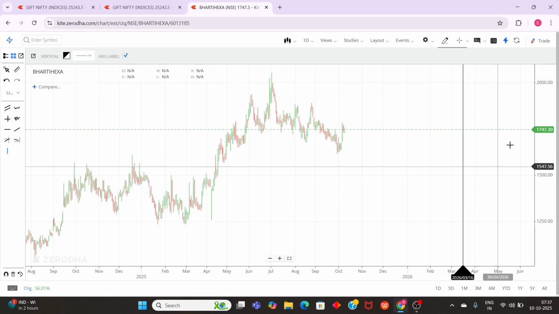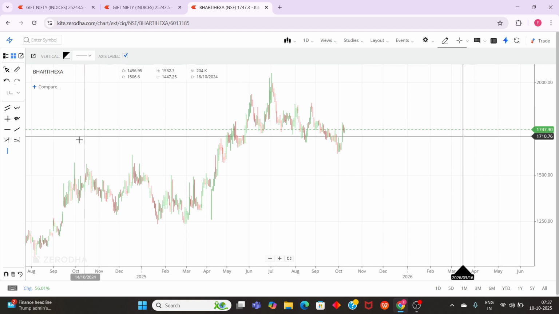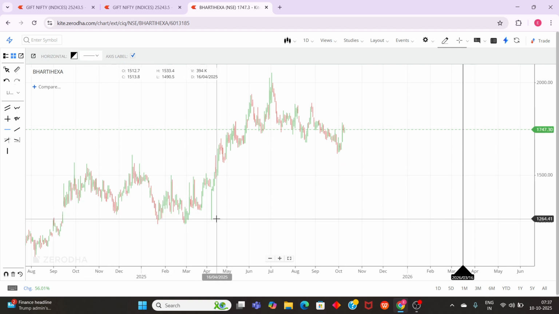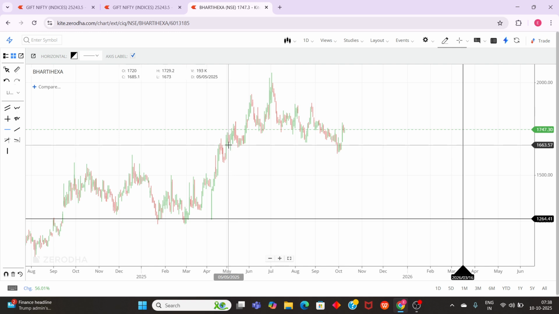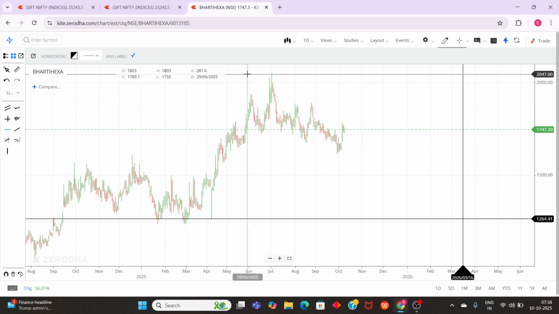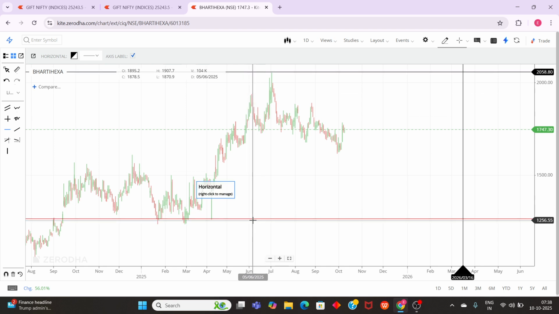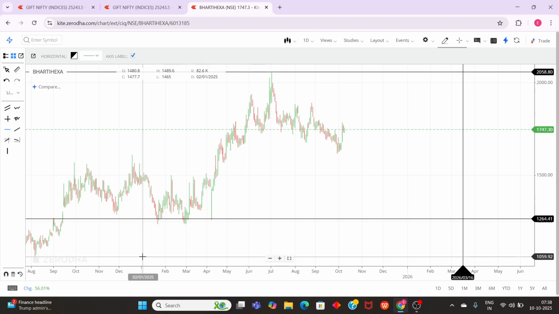Here it has made a low at this point, 1264, and the high it has made is 2058. So 1264 is the low and 2058 is the high. The total is 794 points. Divided by 2 is 397.